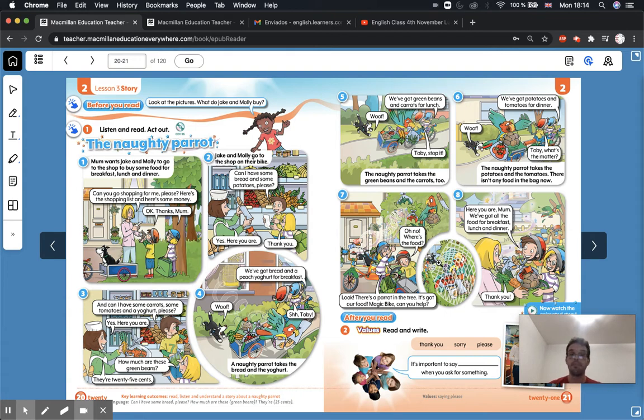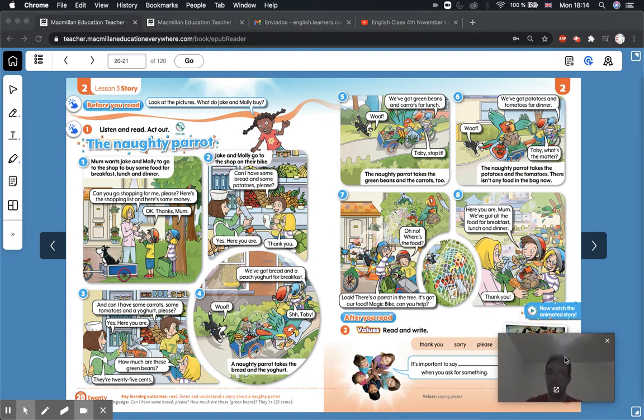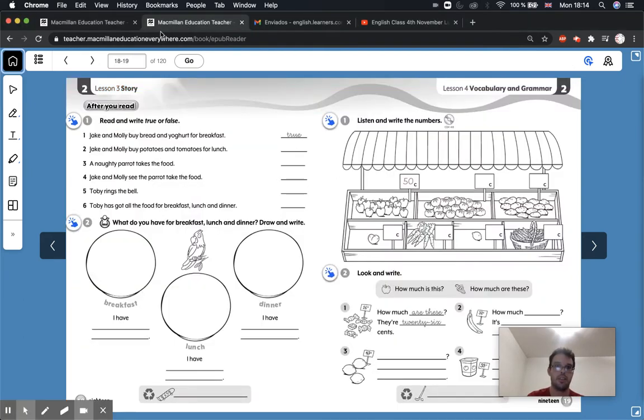Okay. Now, if you finish reading, we can go to the activity book. Okay? So everybody open your activity book. All right, let's go.